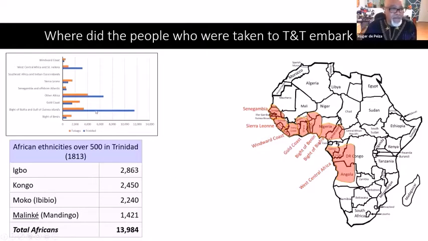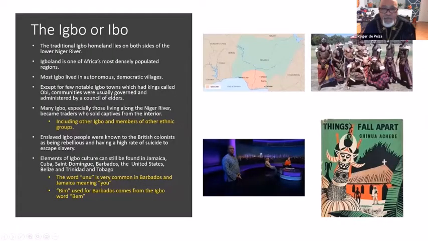So most of the people taken to Trinidad, it seems, came from the Bight of Biafra, which is Nigeria, and from other places in Africa, which means they could be from somewhere that is not counted in there. So let's talk about the Igbo.